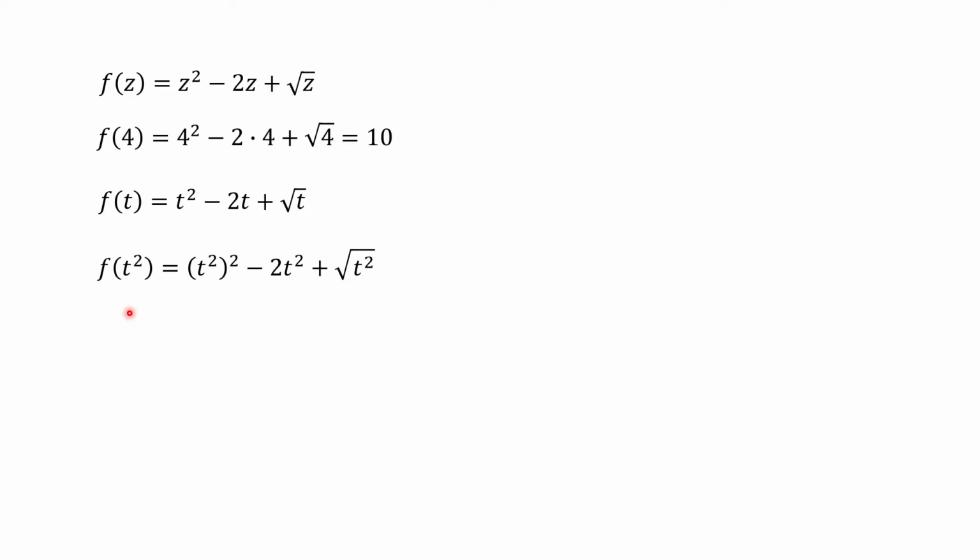Now let's say I want to find f of g. It's the same way as f of t. We just change how the variable looks. Essentially, substitute g for z, and you get this. But what if I tell you that g is actually a function of another variable t? Well, in this case, what do I do?